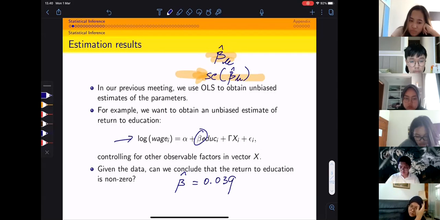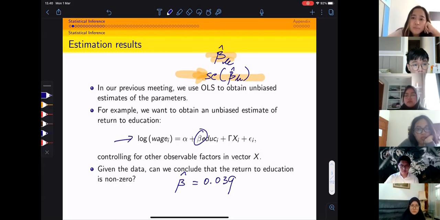Since we have a log wage on the left-hand side and education on the right-hand side, always remember that in order to interpret, we need to multiply it by 100%. And so the estimated return to education is about 3.9%. So an additional year of schooling is associated with higher wages by 3.9%.